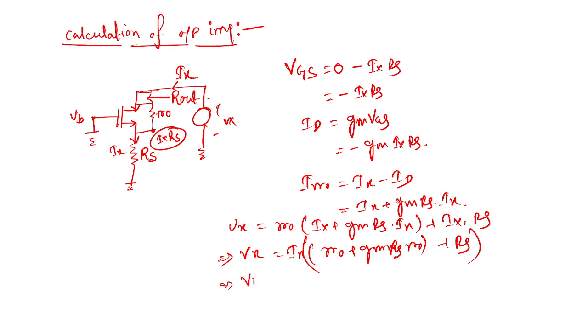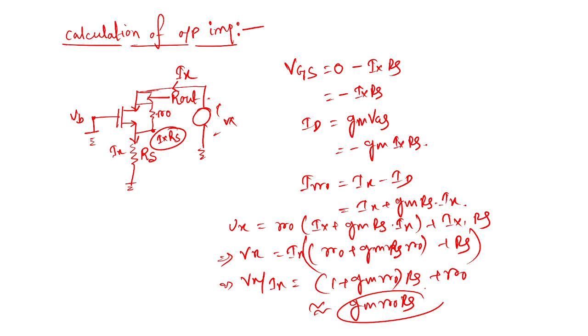So Vx by Ix becomes (1 plus gmR0) Rs plus R0, or equivalently you can write it as approximately gmR0 times Rs. You need to remember this when solving this kind of problem. An easy way to remember this: the intrinsic gain of the transistor multiplied by the source resistance.